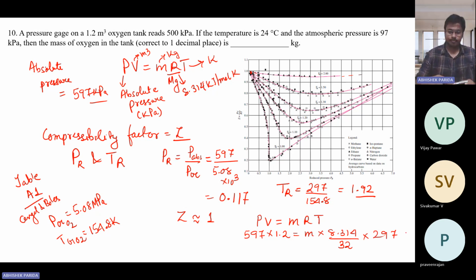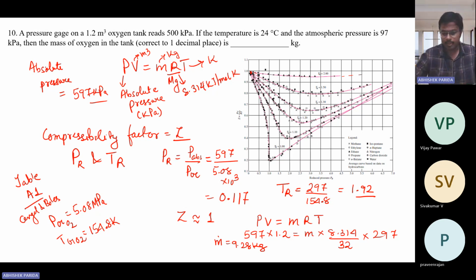Calculate what is m. 9.3 kg. I am getting 9.28 kg. Correct? Just I will check. Yeah, so 9.28 is correct.